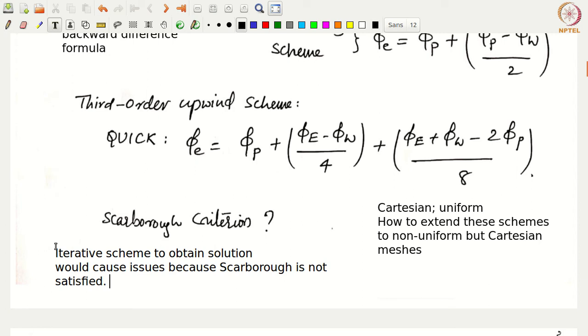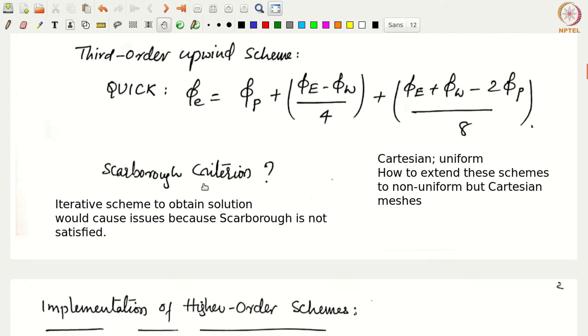So we need to find a way of getting around this problem, so that we can still satisfy the Scarborough criteria and not have any issues converging the solution using some iterative scheme. We're going to look at one particular method, and after that I want you to think and see if there could be any other method to do this in a different way. So let us get started.